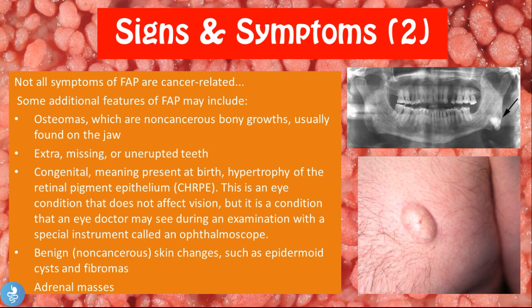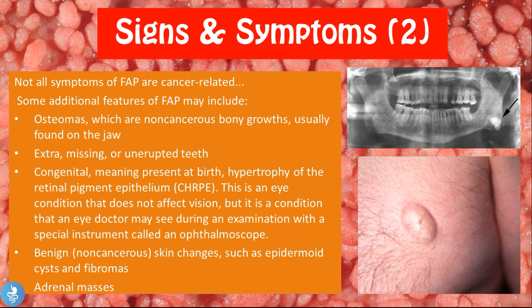The patient may also have extra, missing, or unerupted teeth, congenital, meaning present at birth, hypertrophy of the retinal pigment epithelium, and this is an eye condition that does not affect vision, but is a condition that an eye doctor may see during an examination with a special instrument called an ophthalmoscope. Benign, meaning non-cancerous, changes in the skin, such as an epidermoid cyst or fibroma. This is actually an image of an epidermoid cyst. And also the presence of adrenal masses.